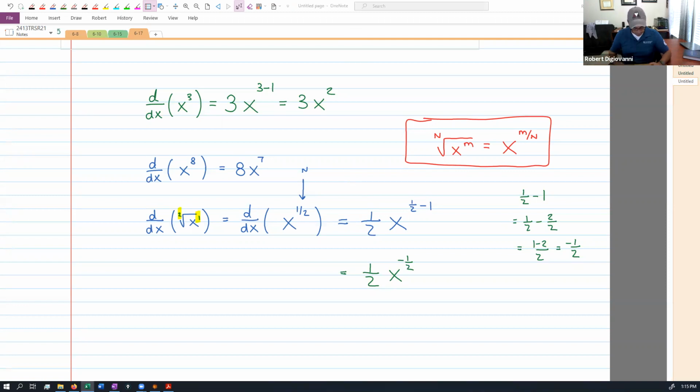Caitlin, are you there? Yes. Okay, Caitlin, do you remember in some other class that you took that if you had a negative exponent, you could do something with it? Like if you had x to the -2, that you could rewrite that by doing what? Does that sound familiar? Like if I wrote x to the -2, that really meant you could drop the x down to the denominator.